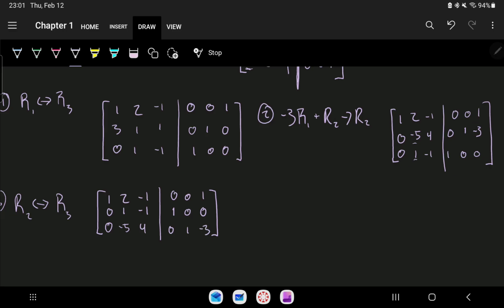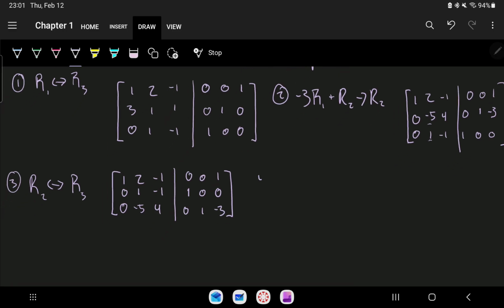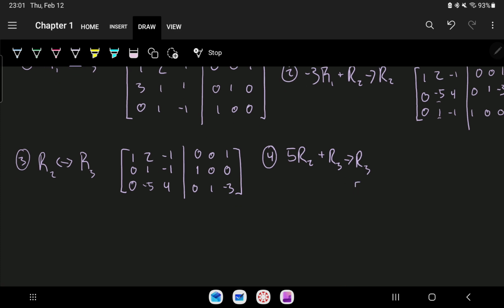All right, from here I'm going to do 5 times row 2 plus row 3 as my new row 3. I'm going to do it down here this time so that I can see it when I'm copying.